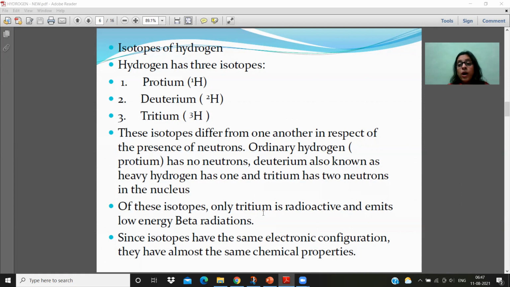Tritium is the only isotope of hydrogen which is radioactive in nature, and it emits low energy beta radiation. So it is highly radioactive.